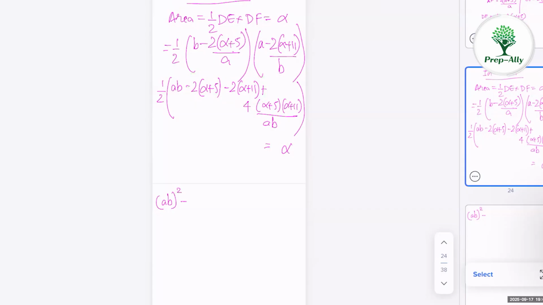We get minus 2AB into 2 alpha plus 16 plus 4 times alpha plus 5 into alpha plus 11 is equal to 2AB into alpha, right?